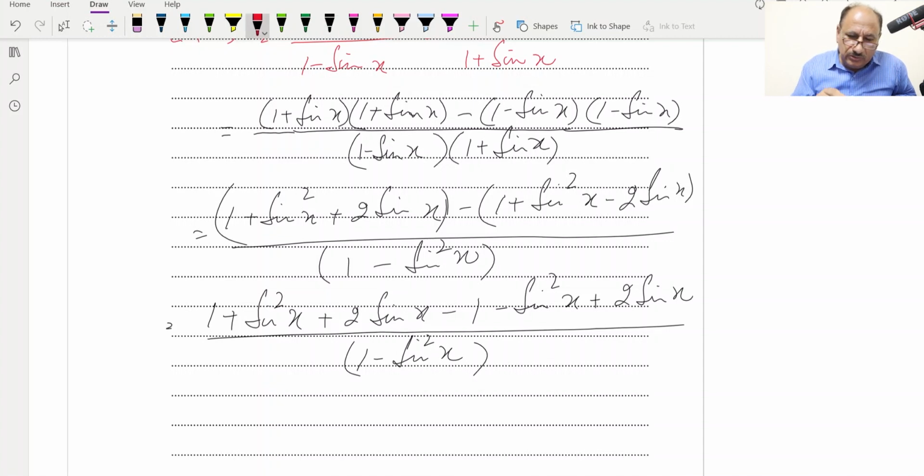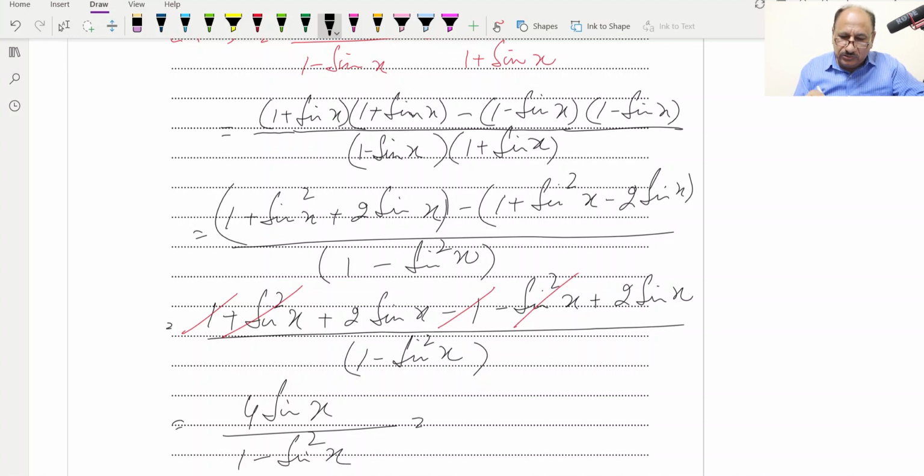Now cancellations: minus 1 and 1, and sine squared x and minus sine squared x will be cancelled, and 2 sine x plus 2 sine x will be 4 sine x, divided by 1 minus sine squared x, and this is what?